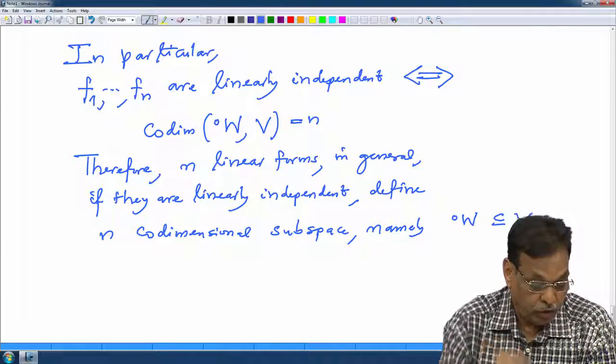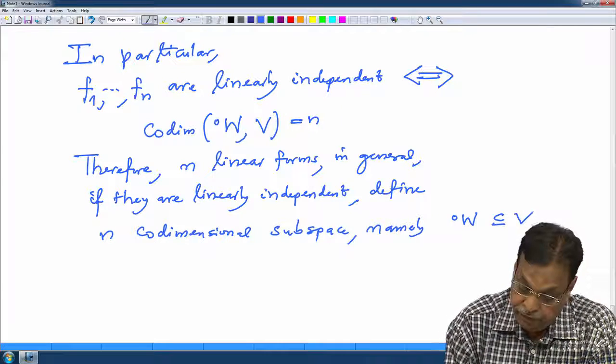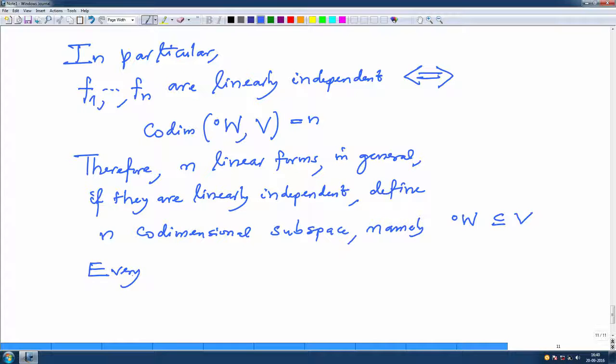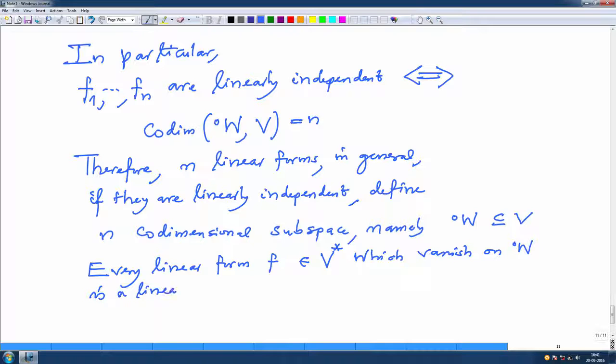And what we just proved above is that every linear form f in V star which vanishes on this left circle W should therefore be a linear combination of f1 to fn.